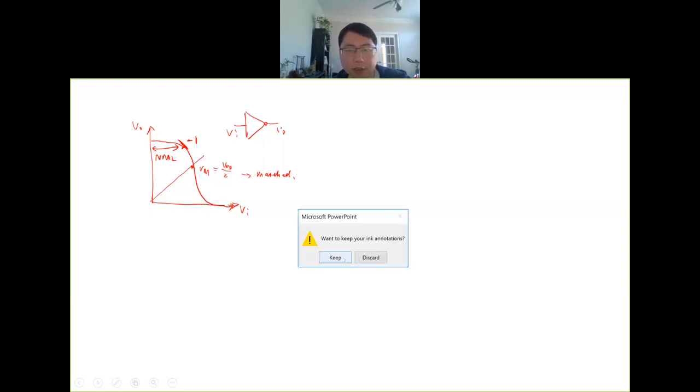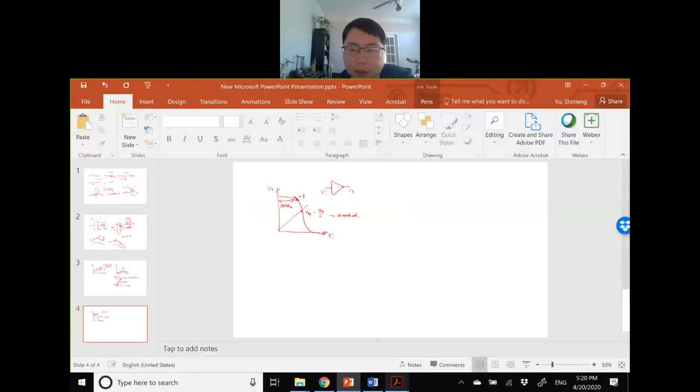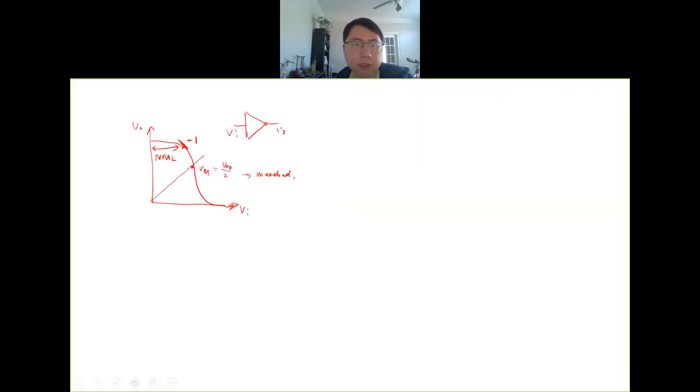And then we will have the unmatched case. Depending on the relative strength of NMOS and PMOS, this VTC curve will shift to the left or shift to the right. For example, let's say W over L P equals 1 and W over L N equals 1.